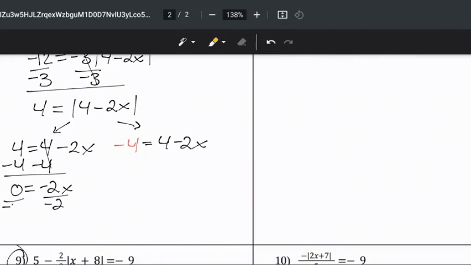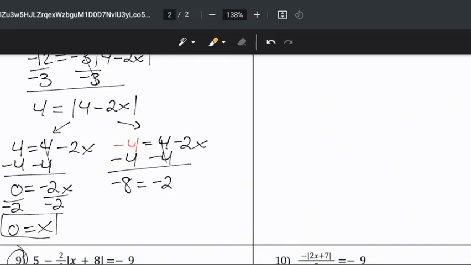Divide by negative 2. And we're left with x equals 0. And then for the equation on the right, we get something a little bit different. We get positive 4. So x equals 0 and x equals positive 4. Those are our two solutions.